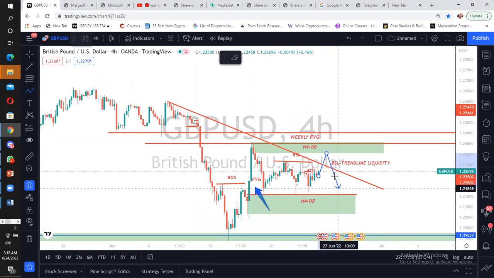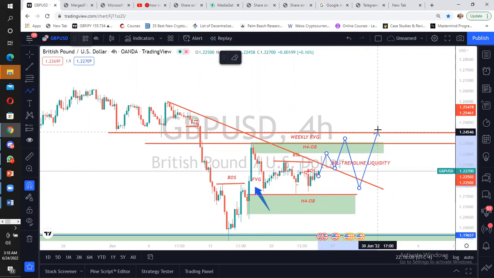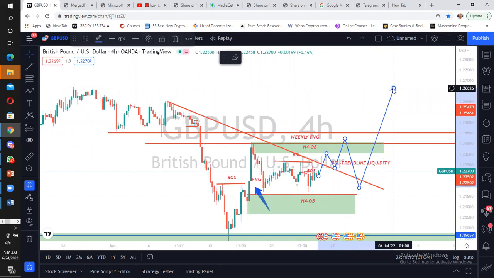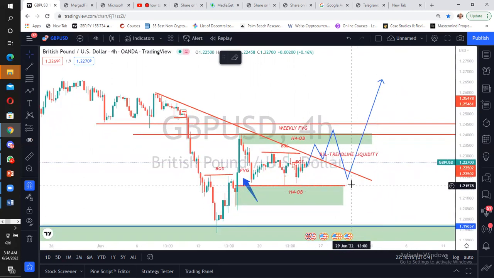We want to see it come back here possibly, then trade back into this fair value gap, then come back down to clear this down liquidity that might have been built, all right, then up to find its way up. So this is what we'll be expecting from this particular pair.